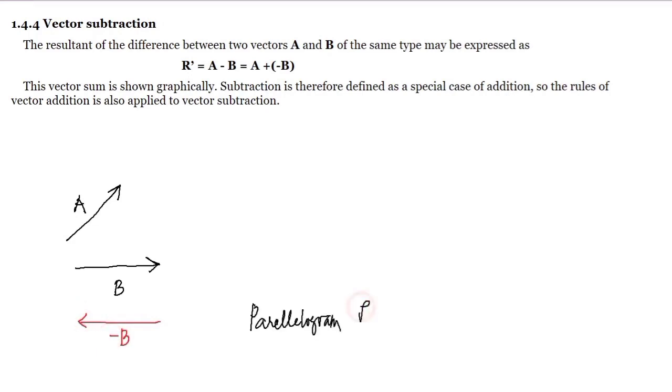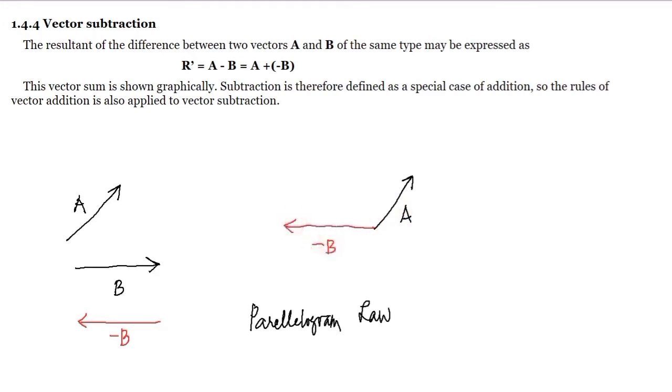And using the parallelogram law, we have this vector A directed in this direction, and we have the negative of B directed in this direction.